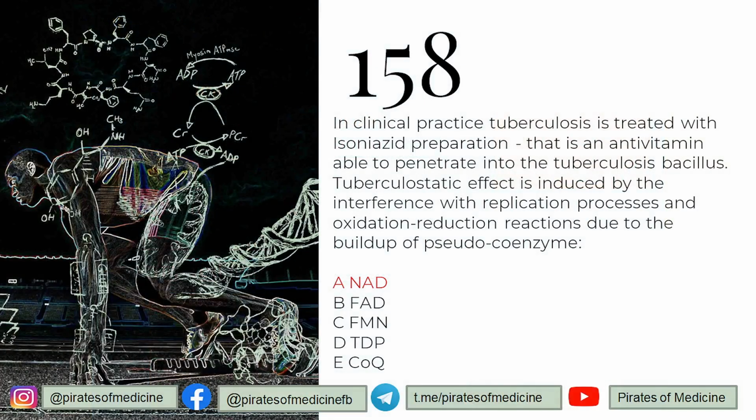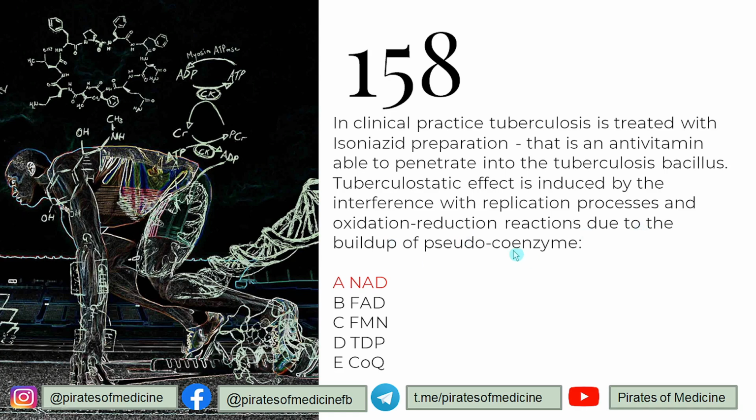158. In clinical practice, tuberculosis is treated with the Isoniazid preparation. That is an antivitamin able to penetrate into the tuberculous bacillus. Tuberculostatic effect is induced by interference with the replication processes and oxidation reduction reactions due to the buildup of a pseudo coenzyme.